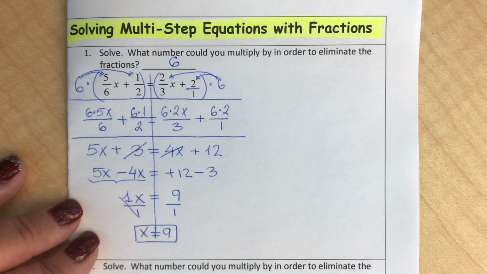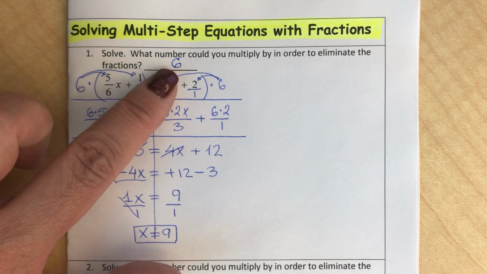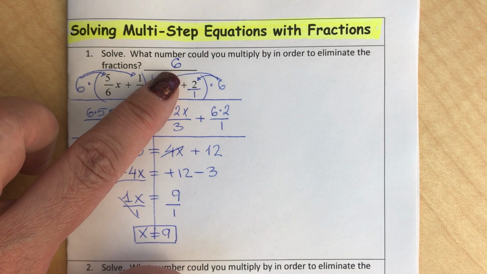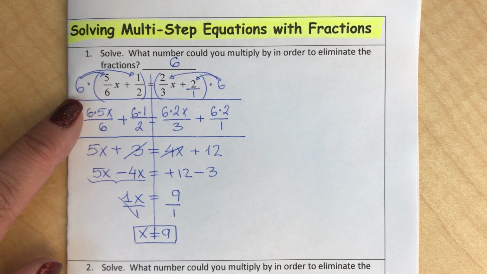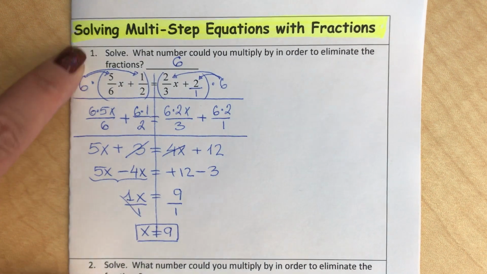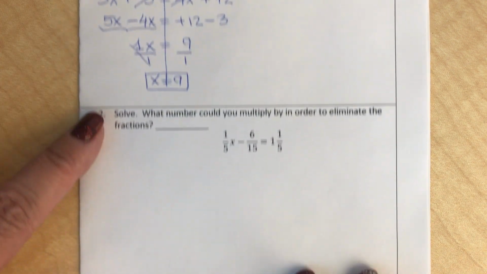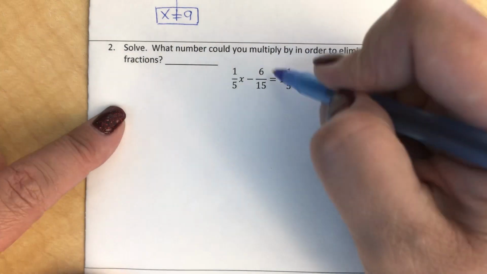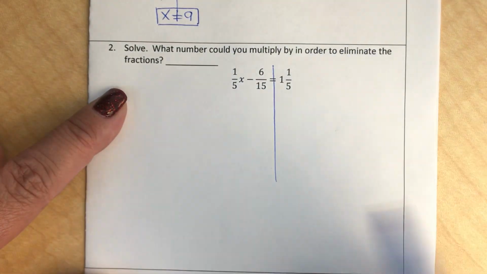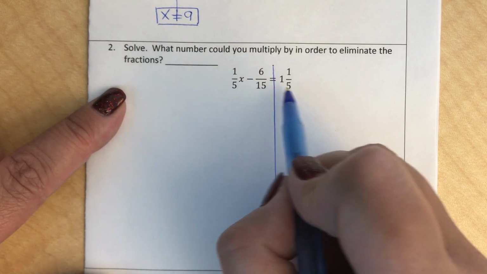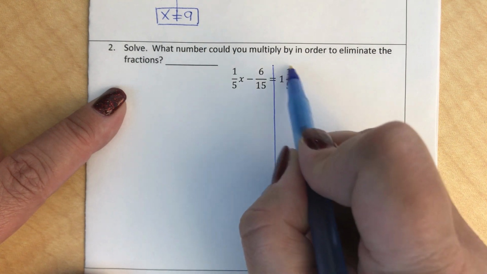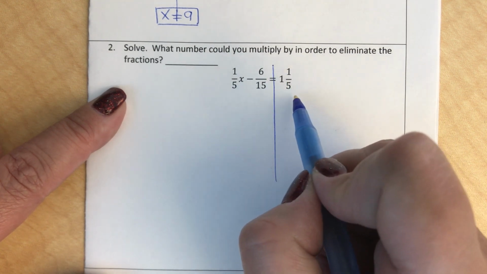So to clear the fractions, we need to find a number. That number is the common denominator. Common denominator multiplied on both sides will clear the fractions. Check this out. I have denominators 5, 15, and now I have a number here that is mixed.